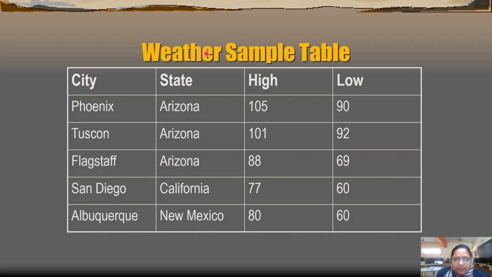This is a sample table named weather, and here we can find these are the columns or the attributes, that is city, state, high, low, and all the city names together make a column, and these are the records, that is Phoenix, Arizona, 105, 90. Likewise, these are the tuples or the records within the table, and this is the top header row. This is the table which we saw, and its various parts we have discussed over here.